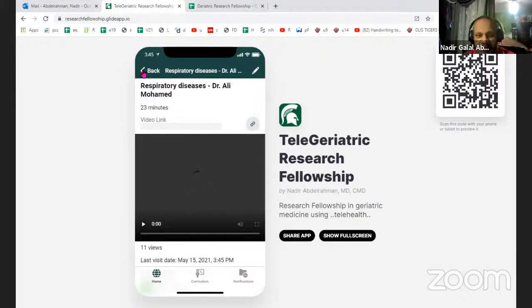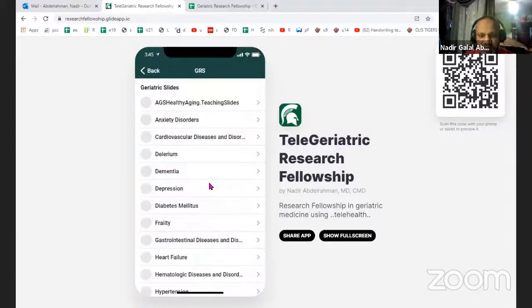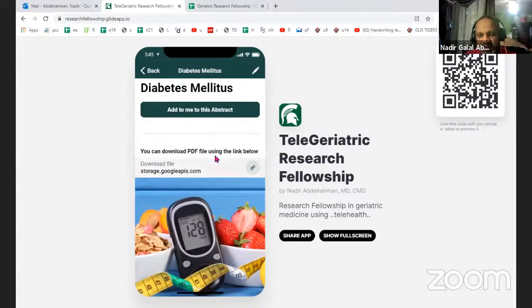What you can do is go to the actual files. Go to the menu on the left side, and if you click on GRS, it will list all these topics. If you're interested in one or more of the topics, let's say diabetes, you click on it and you can download the slide file. It's like a PowerPoint slide.